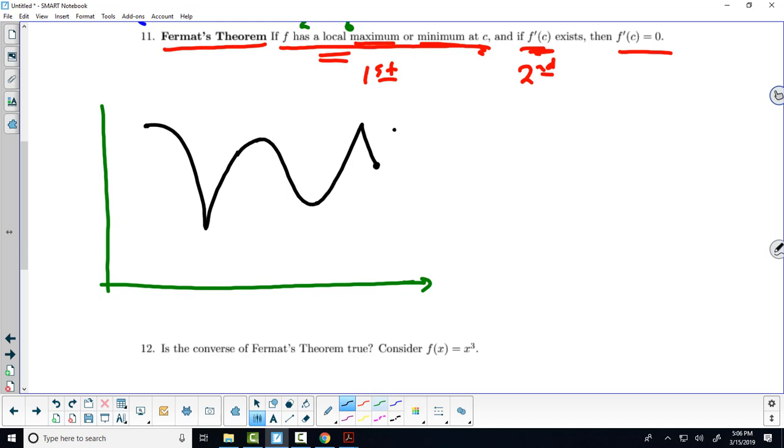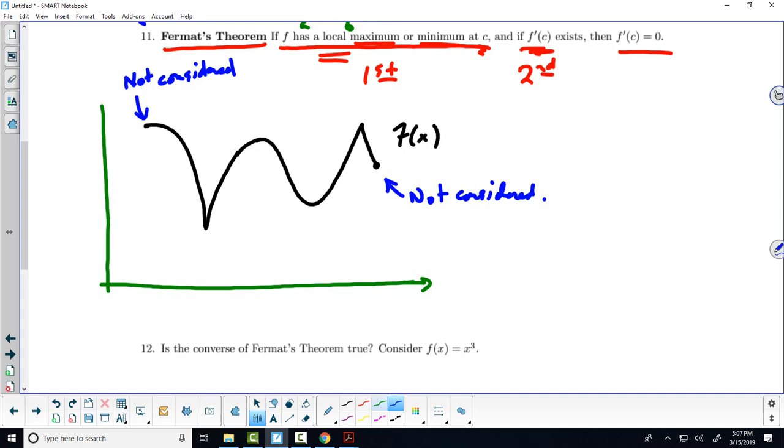It's kind of an interesting looking function. Let's call it f of x. First of all, we're only going to consider interior points, so we're not going to consider this, because we're only interested in local maximums and minimums. Those have to occur at interior points.